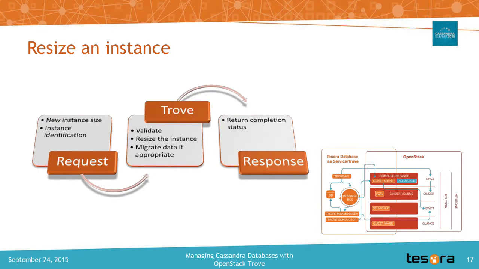Now, I call this resize an instance, but this is a very, very powerful construct which a lot of people use with Trove, where different flavors, small, medium, and large, are targeted at different hypervisors. And different hypervisors can provision databases from different physical hardware. So I can launch an instance in a QA environment or a test environment running on some development hardware.